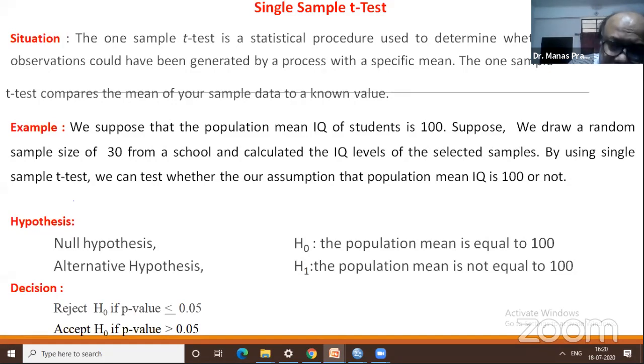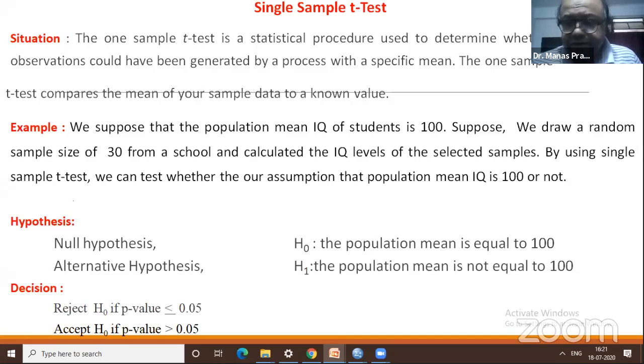Out of 500 students, we draw a random sample of 30 students and conduct an intelligence quotient test, and calculate their IQ levels based on their answering pattern and the marks they got from the test.